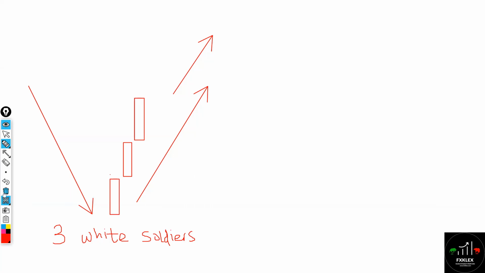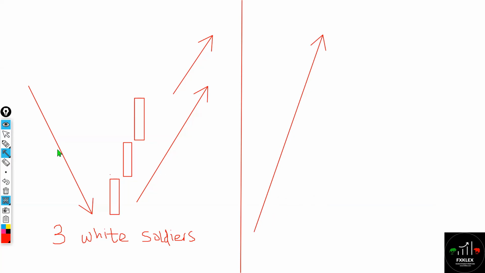The next thing we're going to talk about is the opposite, whereby we have a trend moving up in a bullish rally. And then what we see next is a bearish candle forming. Then next, another bearish candle forming.